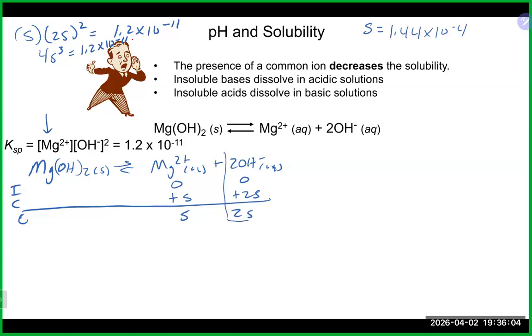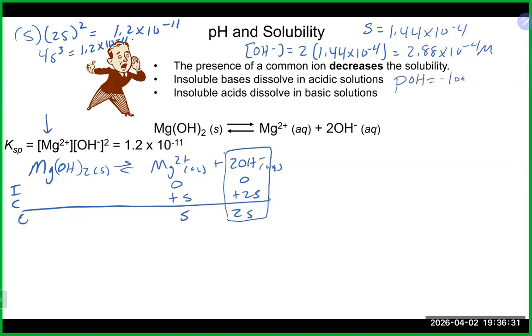So if we take a look at our table, we can see that the hydroxide is equal to 2 times s. So the hydroxide concentration in this case is 2 times our s value of 1.44 times 10 to the minus 4, and that's going to give us a hydroxide concentration of roughly 2.88 times 10 to the minus 4 molar. That's going to allow us to calculate, like we did on the previous one, the pOH of this solution.